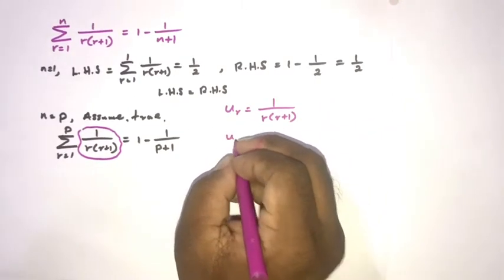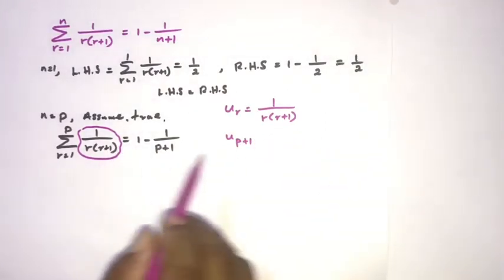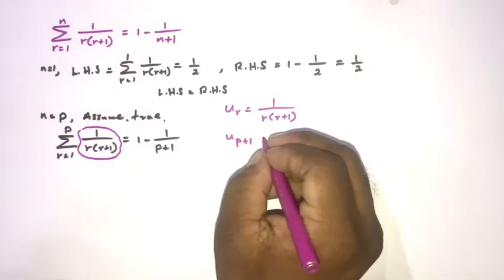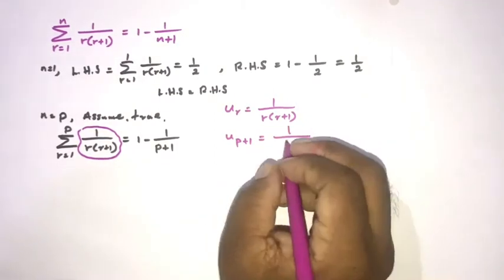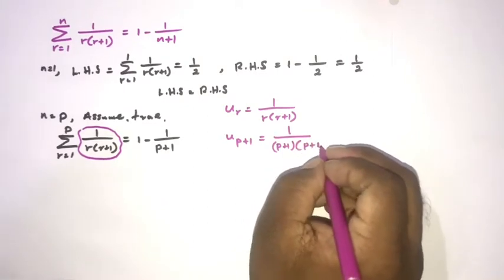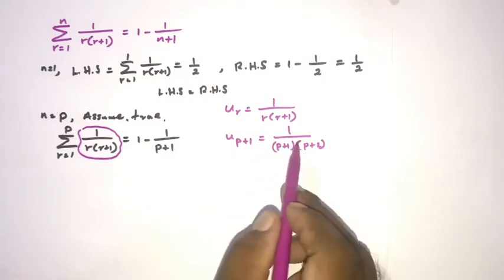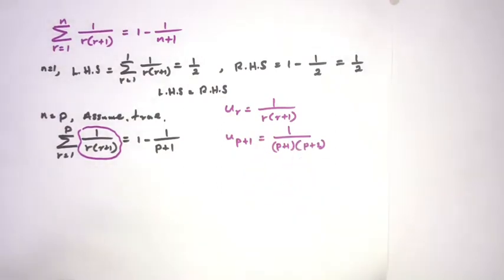Then we should prove the case n equal to p plus 1, so take u_(p+1). We can write 1 over p plus 1 times p plus 2, because instead of r now we plug in p plus 1.